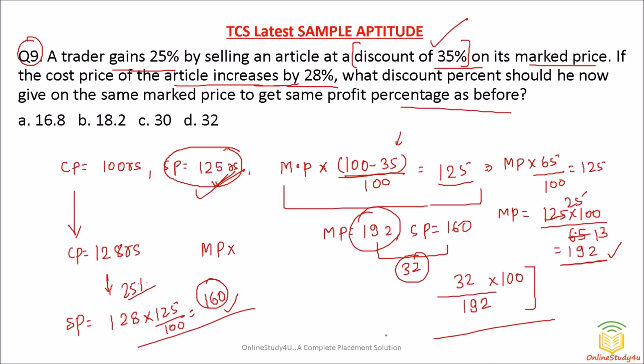So it will be 16.66. We have an option nearby, 16.8, and that will be our correct answer, because here we have not considered the exact value of 192. So option A will be the correct answer for question number 9.